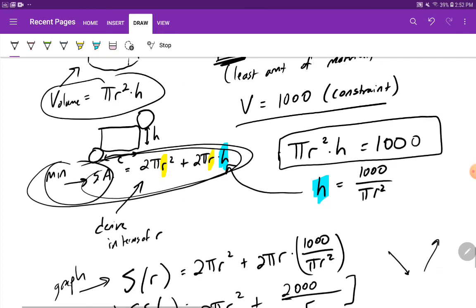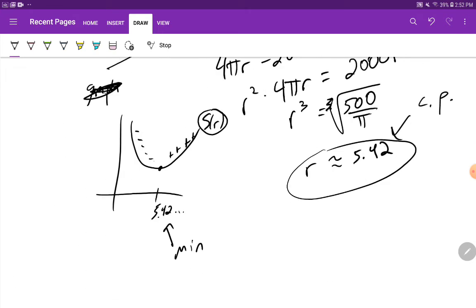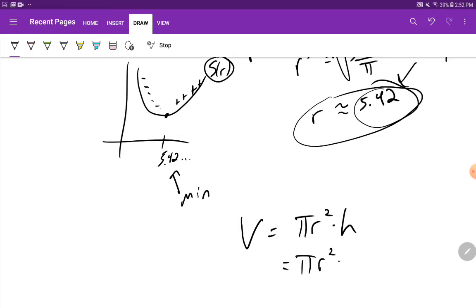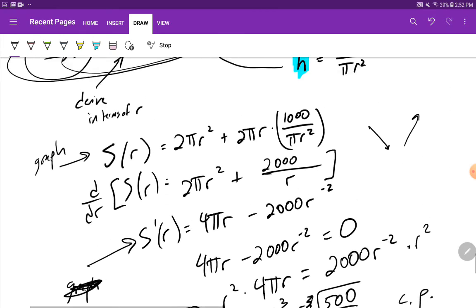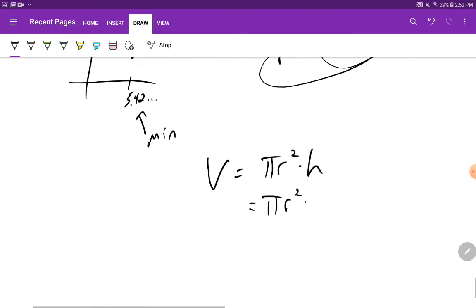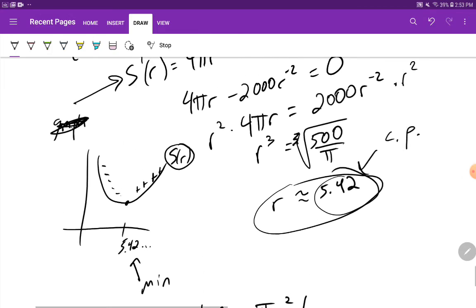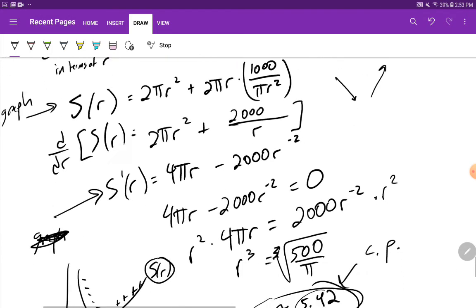So if you don't believe me, if you take this value and plug it into the volume formula, which is pi r squared times h, which is really pi r squared times, what was it, 1,000 over pi r squared? Oh, well, duh. But yes, if you take this r value and plug it in, you can find the h value, the height of the can that you can create, right?